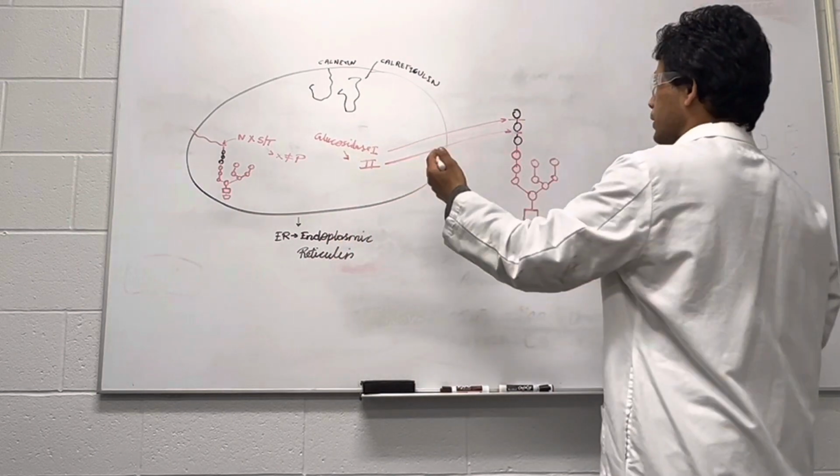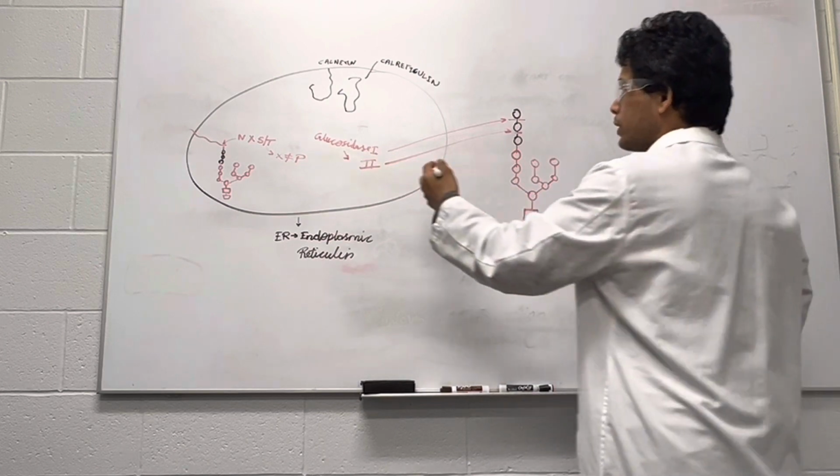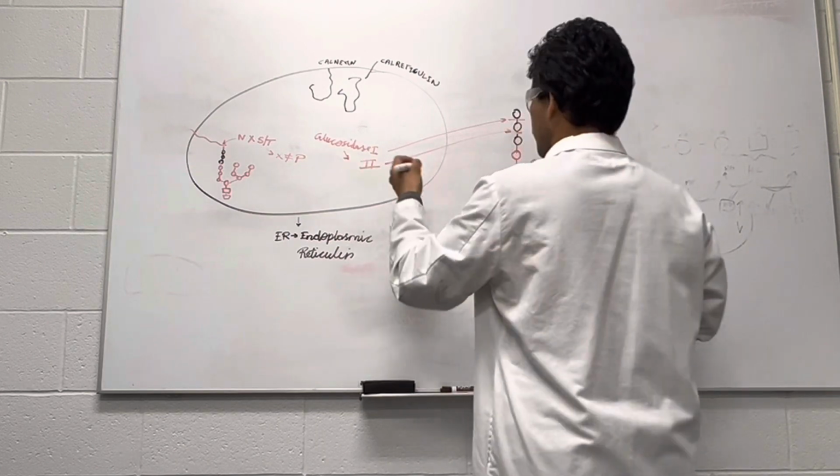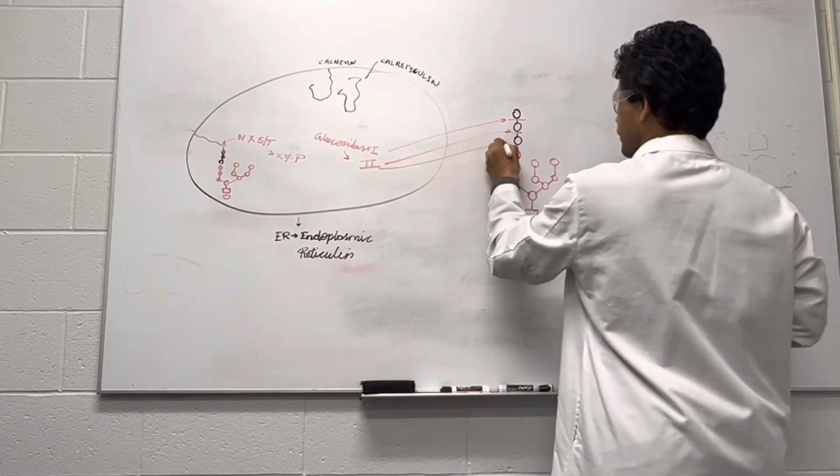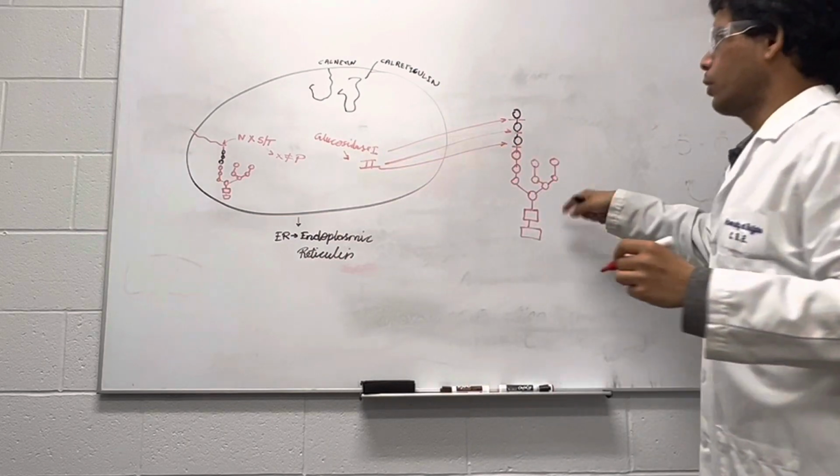After this, glucosidase 2 will again cut off the third glucose. Now it is a non-glucosylated Glycan.